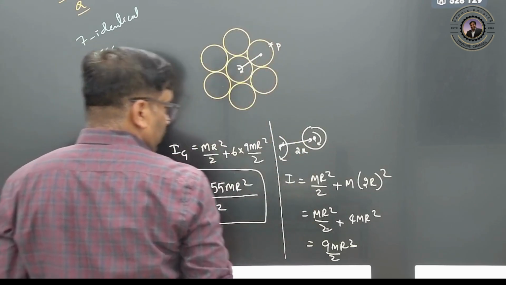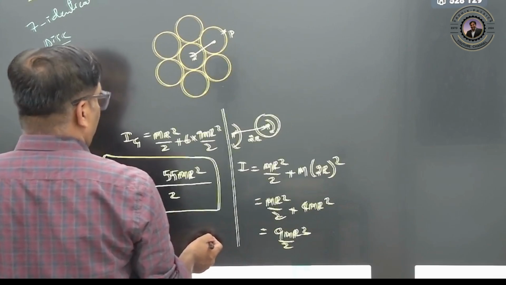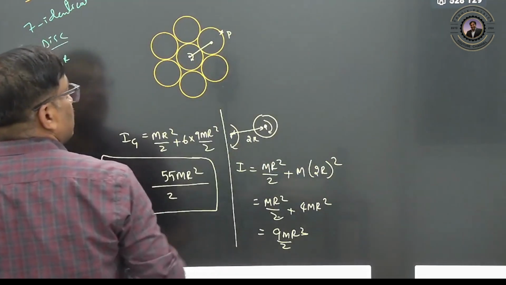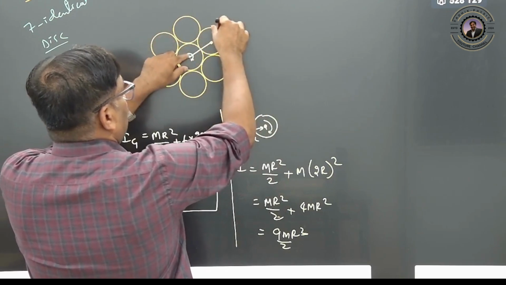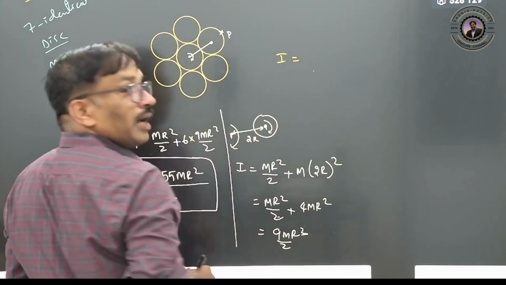Here, again you can use the parallel axis theorem at this point. Therefore we got this Ig, and now I is equal to Ig plus md square.